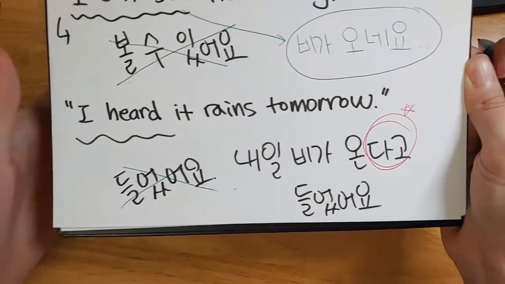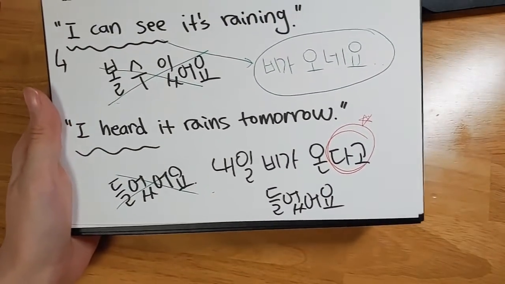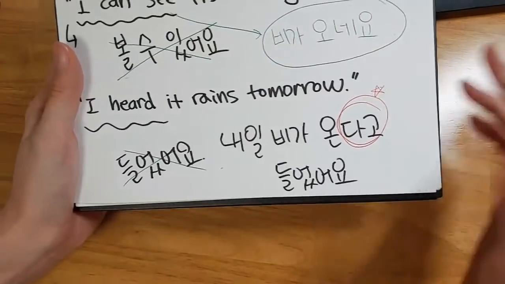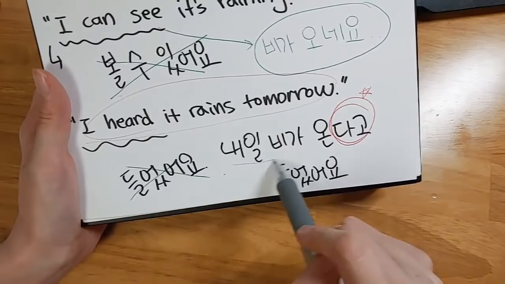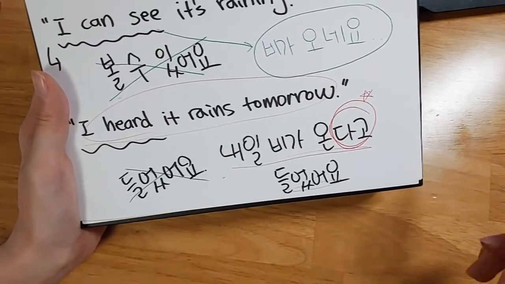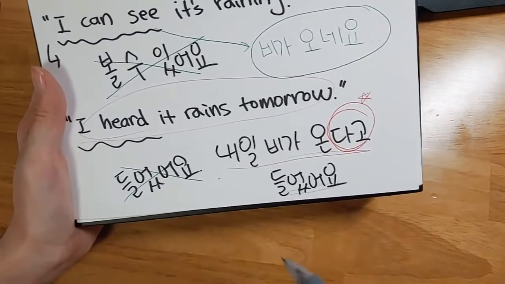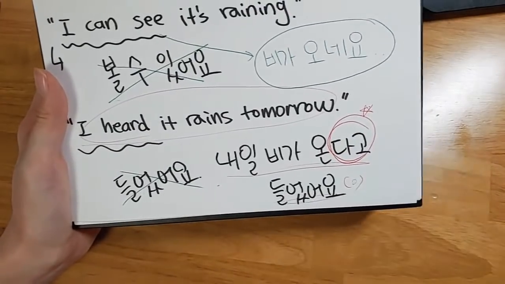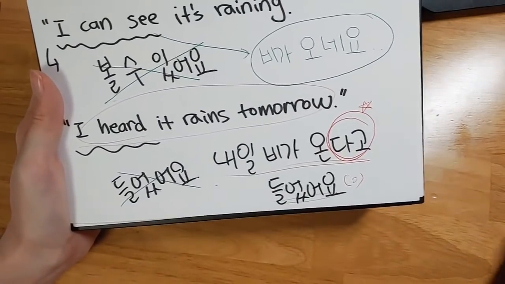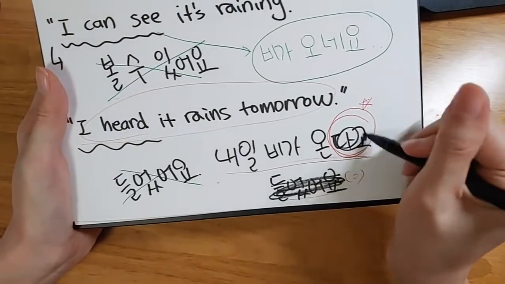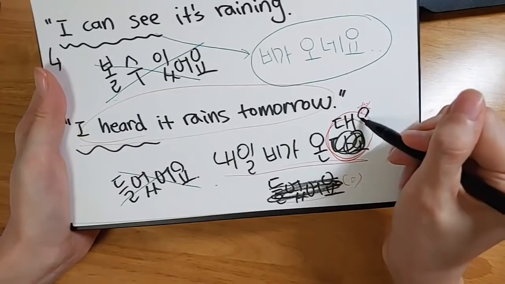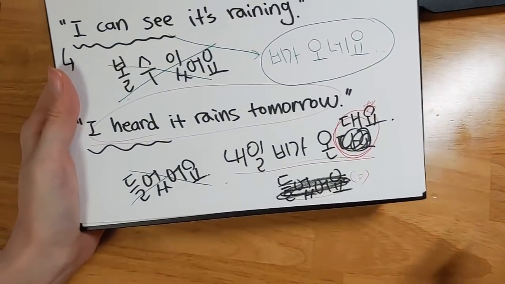So I hope you guys understand where the confusion comes from. To literally translate this, it becomes 내일 비가 온다고 들었어요. This one is a correct way to translate it. But you can also say 내일 비가 온대요. You don't need all of this.